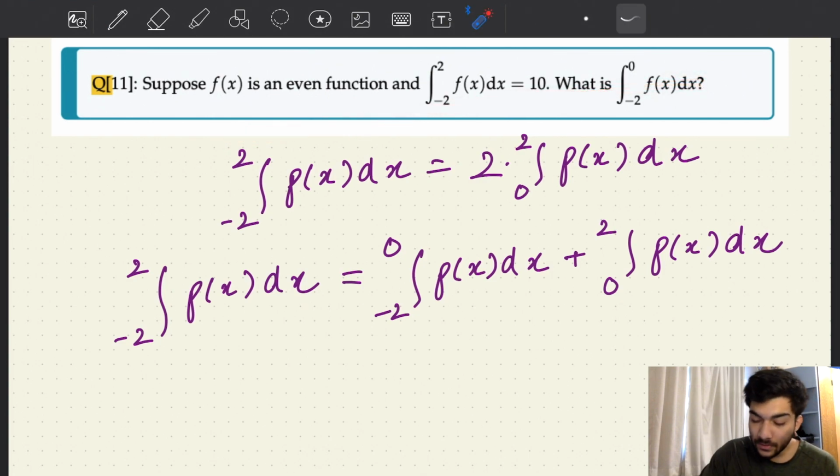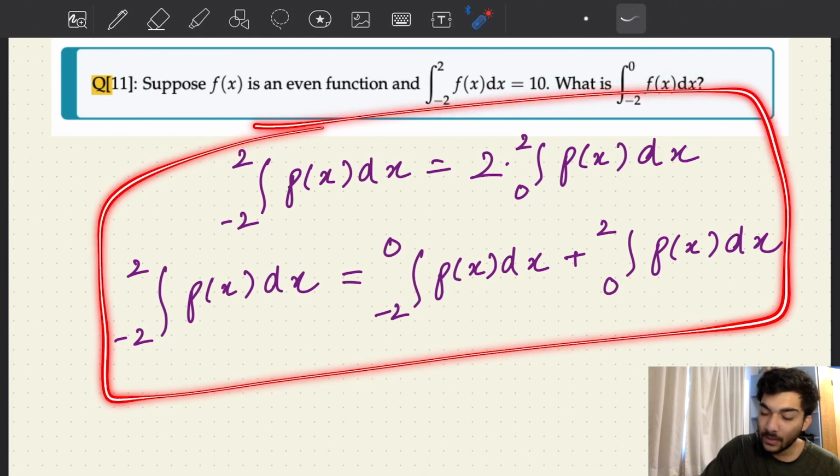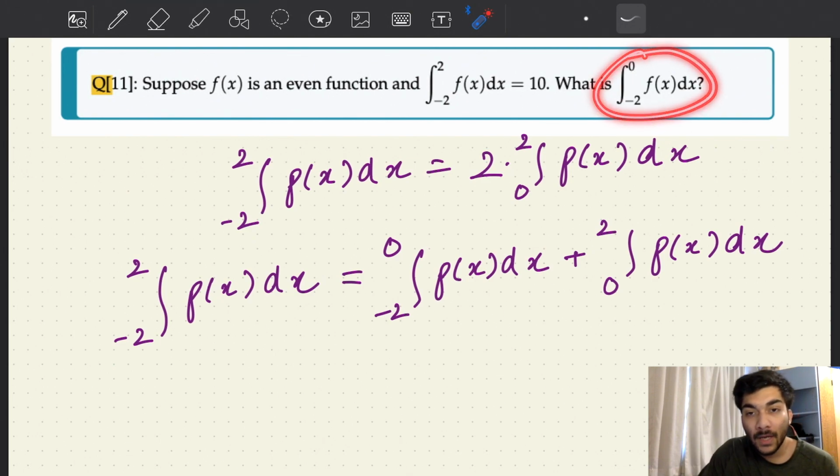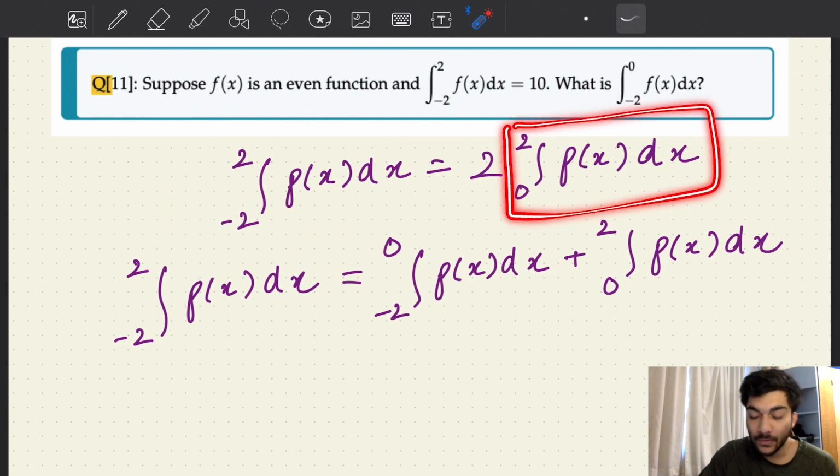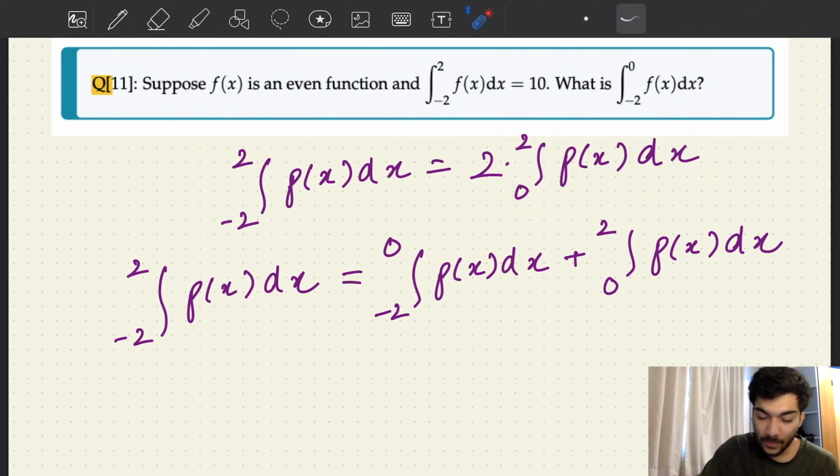That is also a property that we covered in the last videos. Based on these two properties, it would be very easy to calculate the integral from -2 to 0. Let's first calculate the integral from 0 to 2 based on the given information.